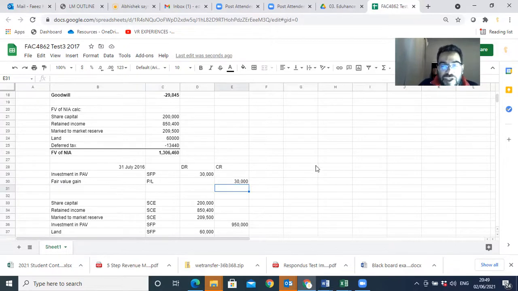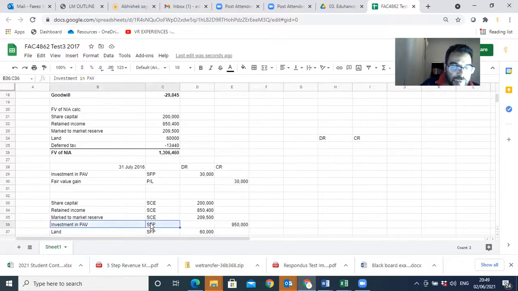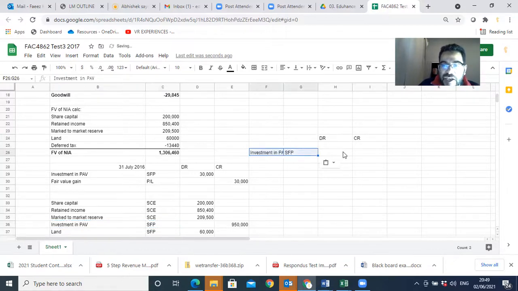There is no need to actually do the disposal journal entry, because if you did, on the side, it would look like this. You would credit the investment in PAV.